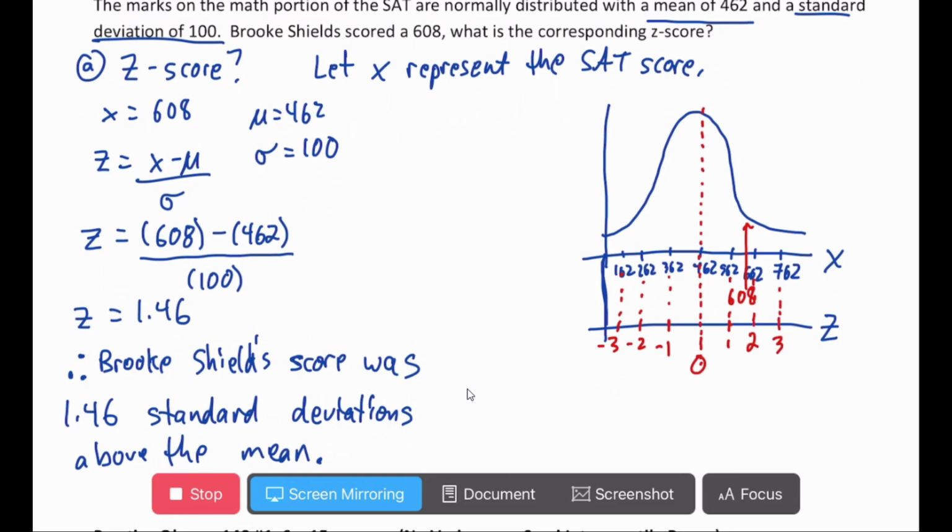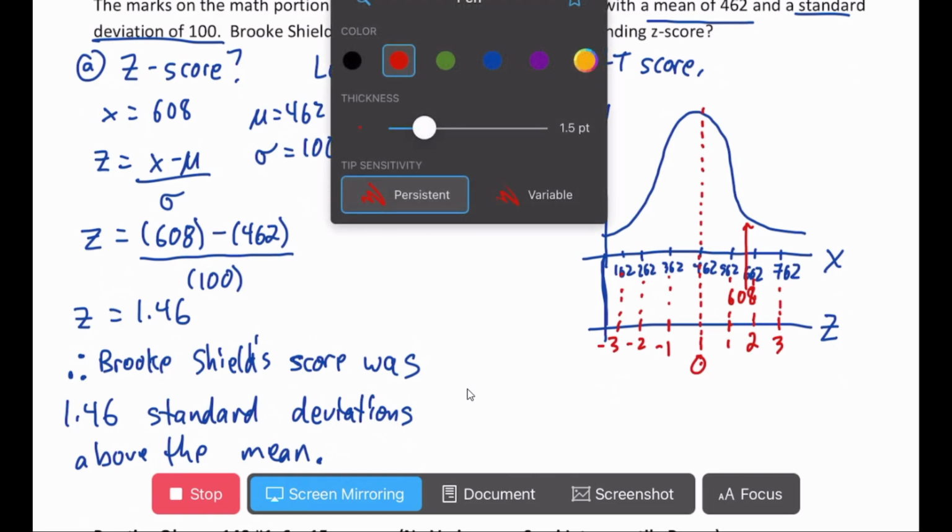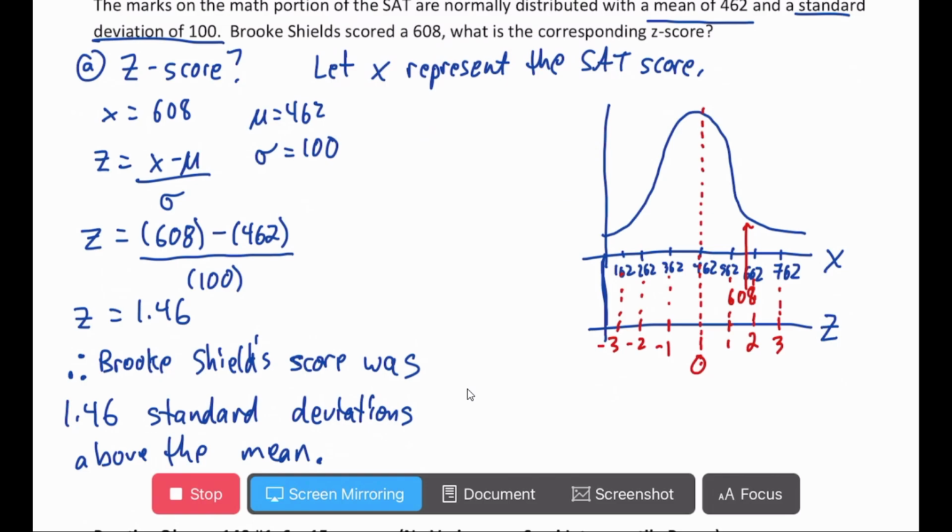So we said her z-score is 1.46. So that means that it's going to be right here. So her score is, if we measure the width of that, so to speak, 1.46 standard deviations above the average. We're going to add a follow-up question as well. Let's do that now.